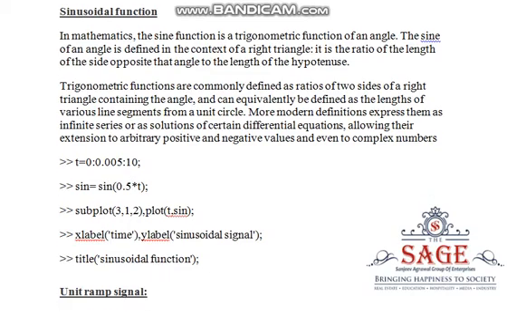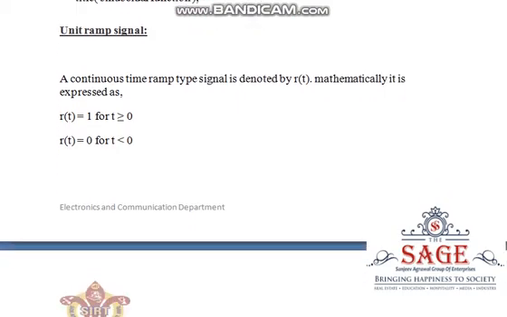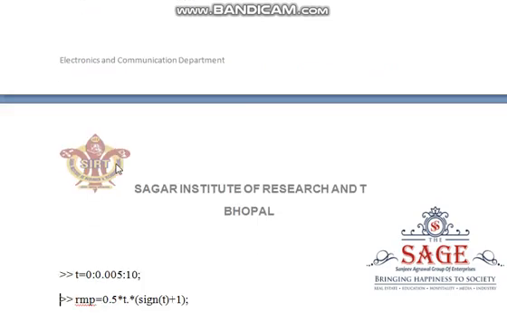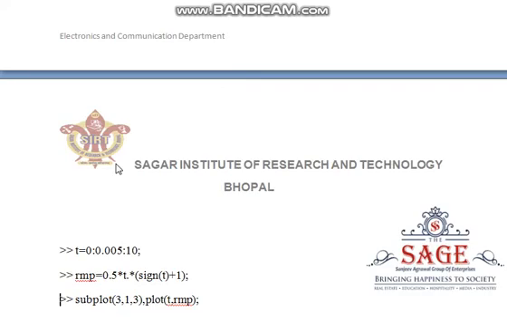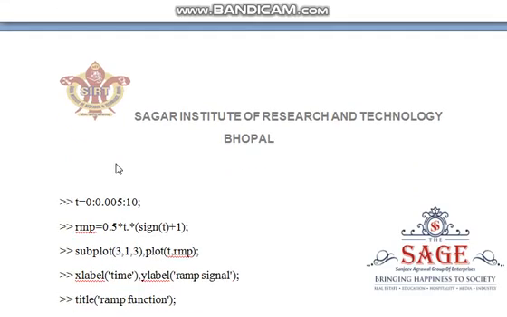Now the third is the unit ramp signal. We know that a continuous ramp signal can be denoted by r(t). Mathematically it is represented as r(t) equals t for t greater than or equal to 0, or it is 0 for t less than 0. Again we have taken the time as 0 to 10 with a step of 0.005.